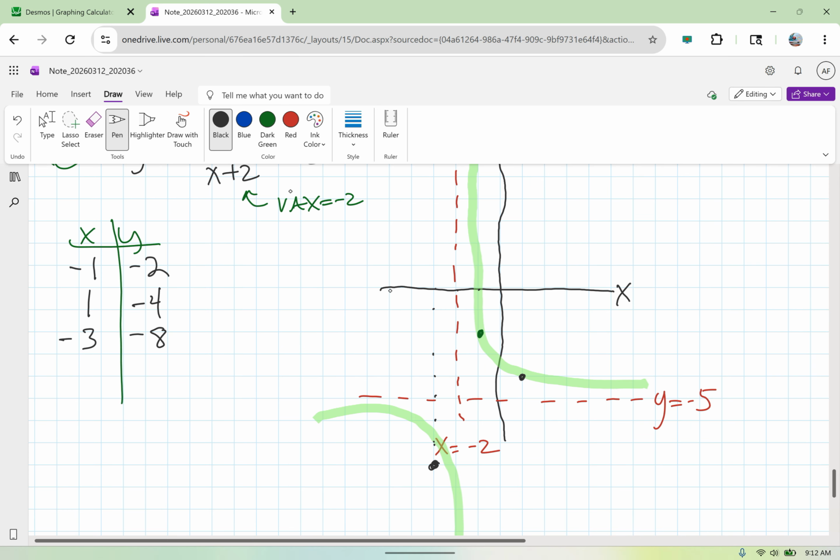So going in this range, what happens when we have x at -5? We get -6. 1, 2, 4, 5, down 6. So now we have 2 points, and we can sketch in our graph.